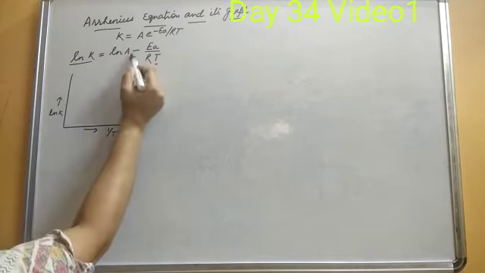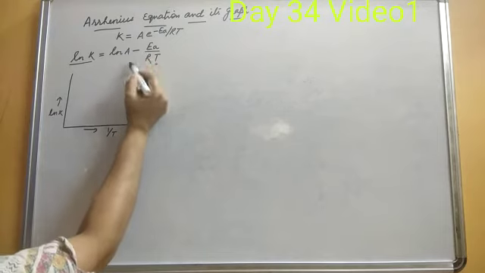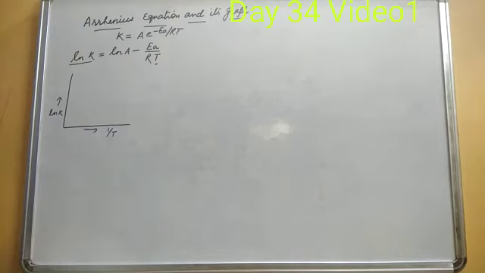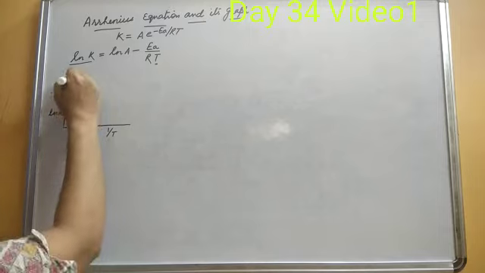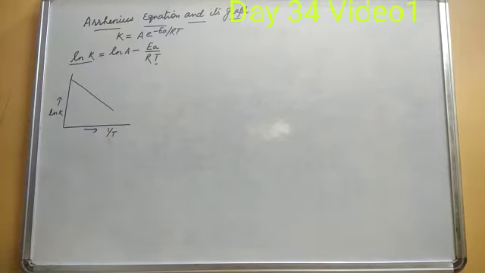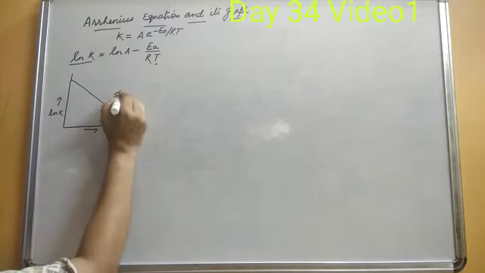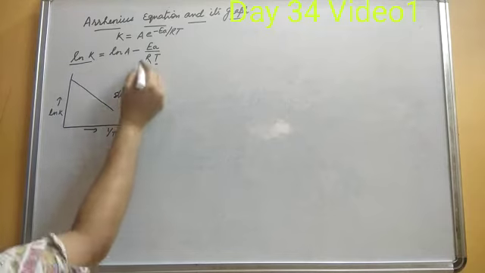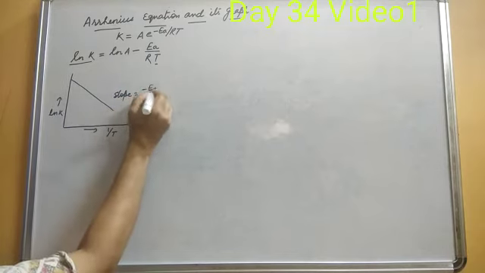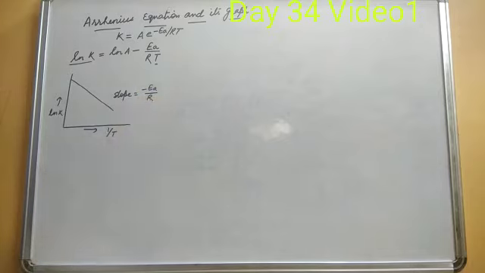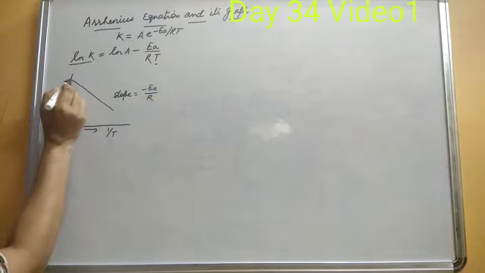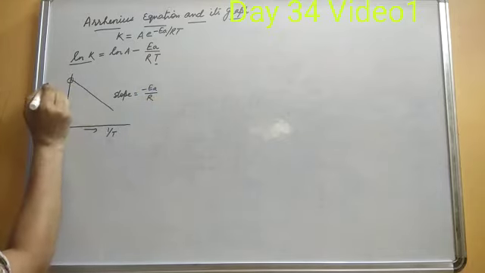According to the straight line equation, m is minus Ea over R, so it means a negative slope. This will be the graph, and the slope, as seen from the equation, is minus Ea over R, while the intercept will be ln A.